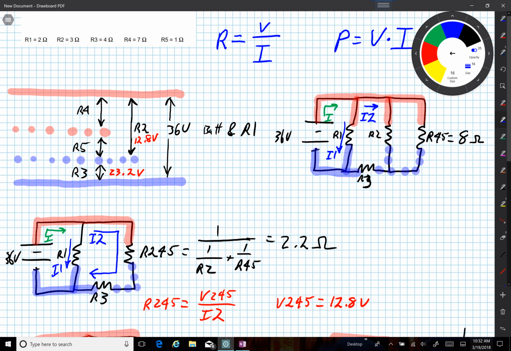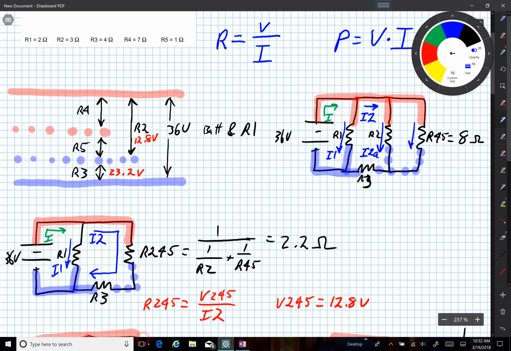And then we have another junction. See, I2 is going to split now. At this junction, I2 is going to split. And so I have to define a couple new currents. So I'm going to call this, let's see, 2A. I'll call that I2A. And then I'm going to call this I4.